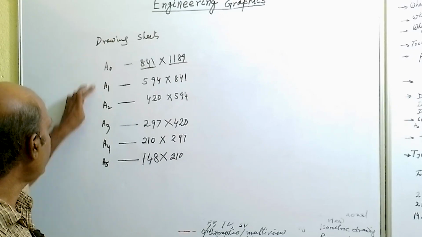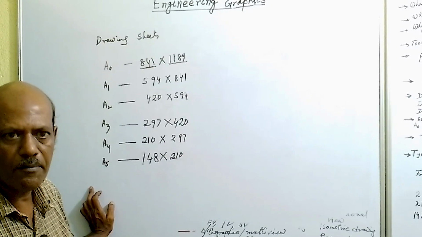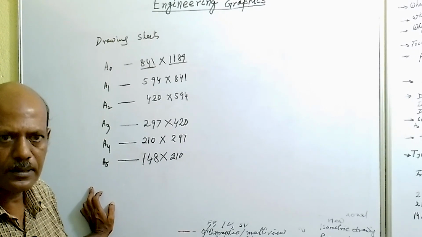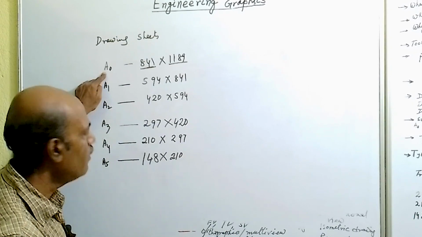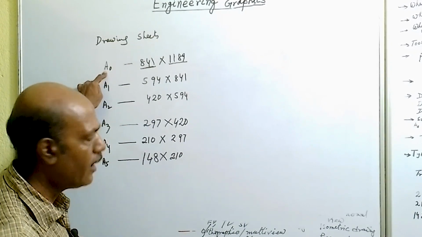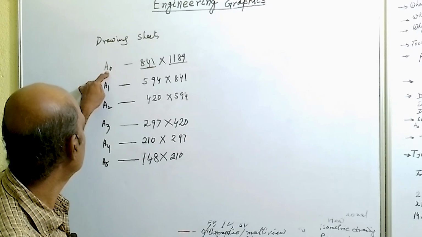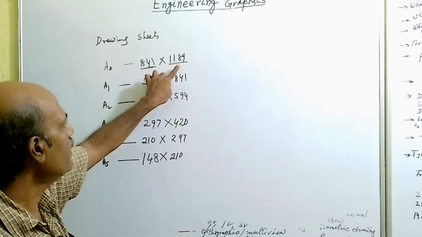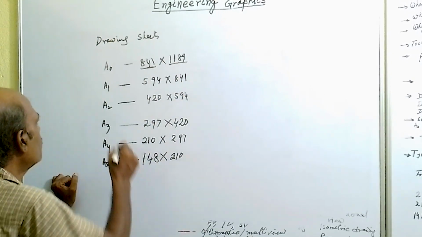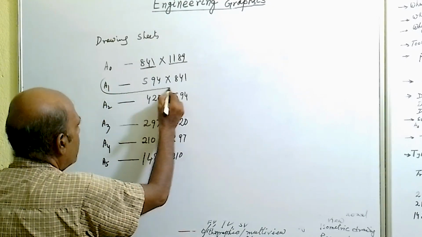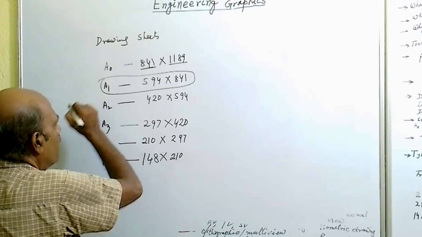There are sizes of drawing sheets available as per the BIS standard, and the first or largest size available is A0, that is 841 into 1189, but in schools and colleges we will use the size 594 into 841.